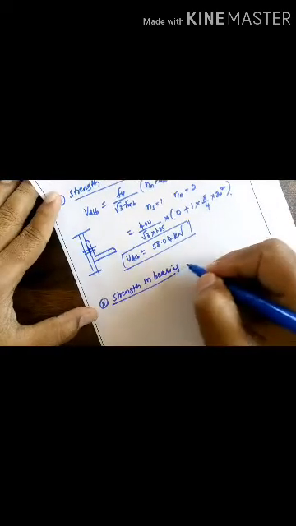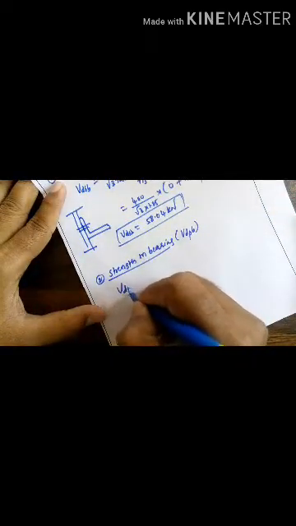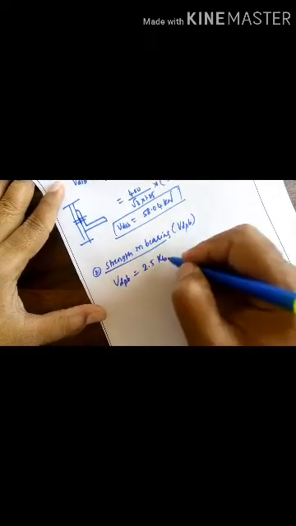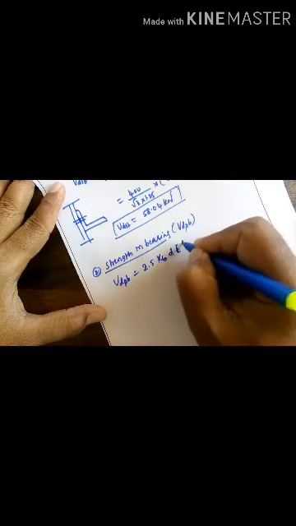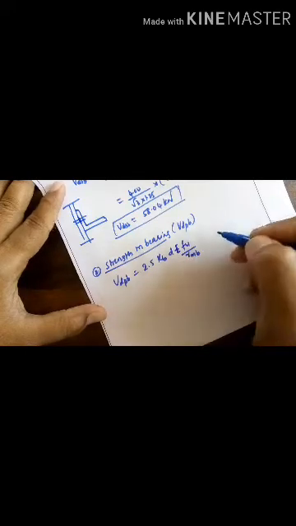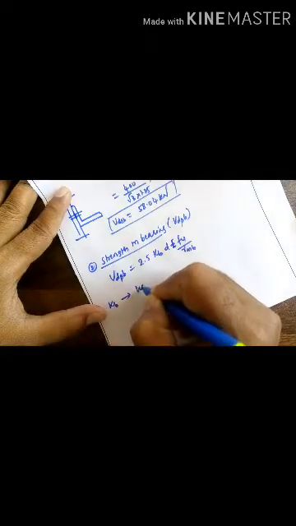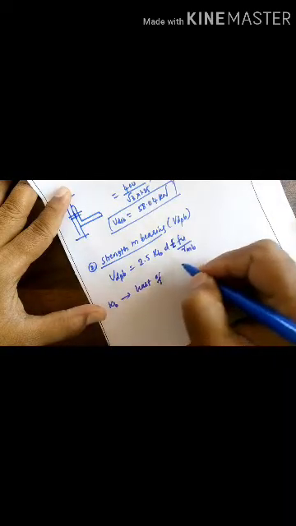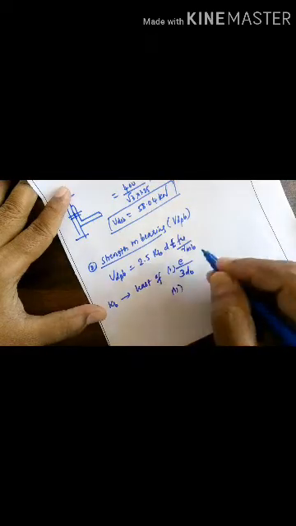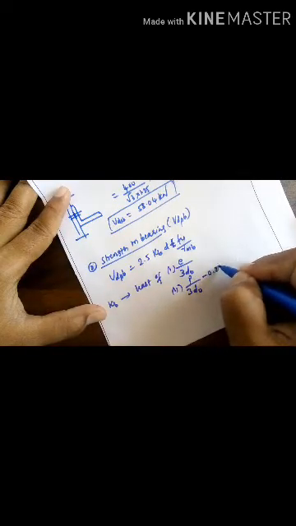Strength in bearing, that is VDPB. We know the formula, VDPB is equal to 2.5 kb d t fu divided by gamma mb, where kb is the least of e by 3 d0, p by 3 d0 minus 0.25, fub by fu, and 1.